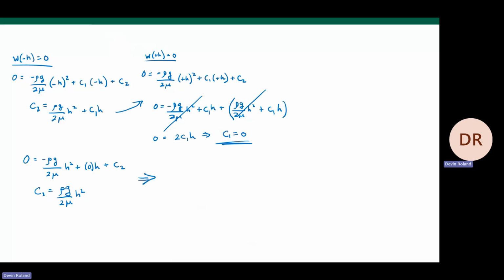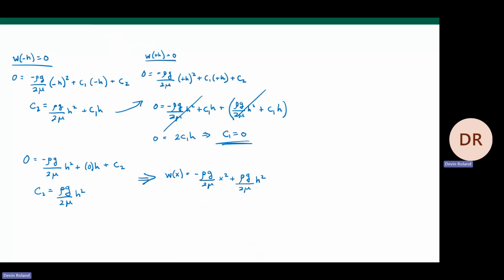So w of x is equal to negative rho g over 2 mu x squared plus C2, but C2 is rho g over 2 mu h squared.